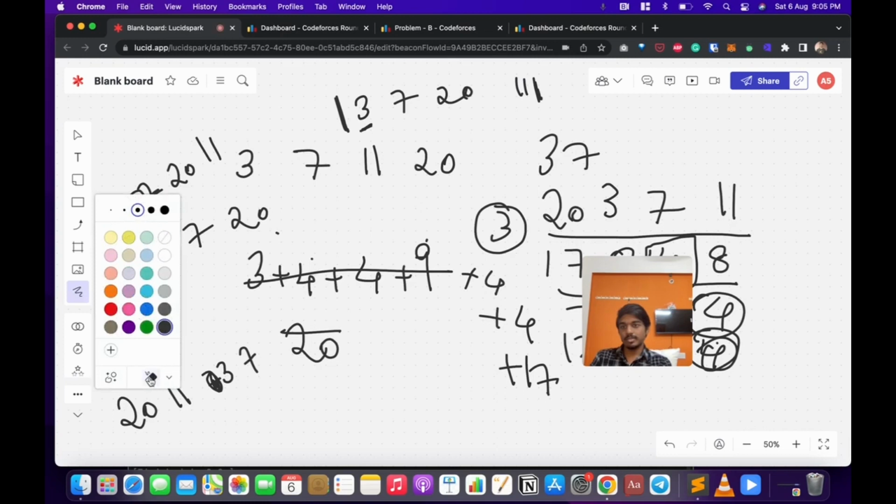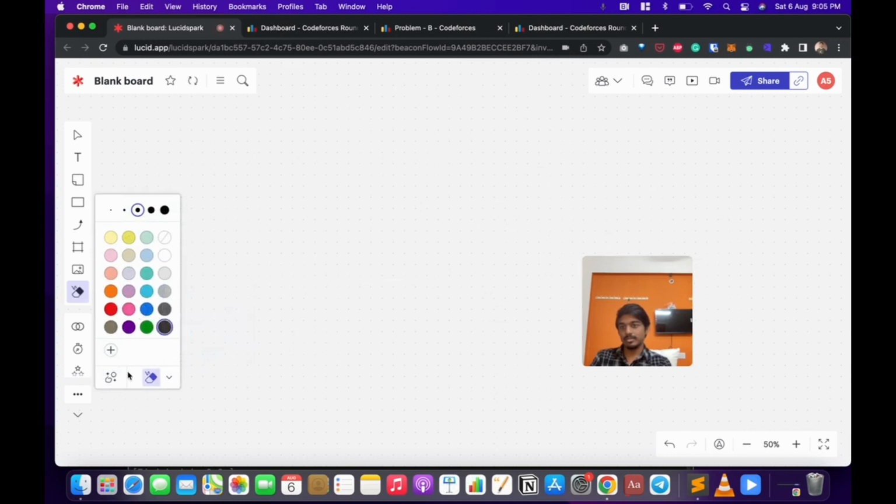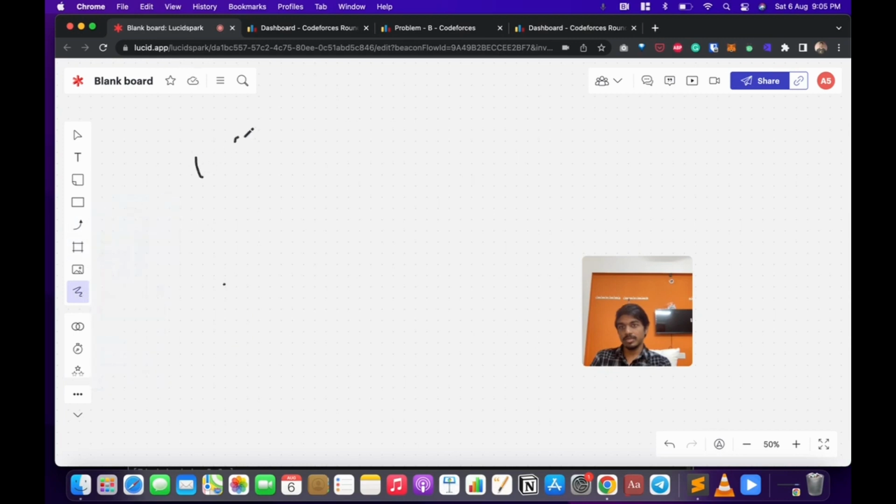So let me erase this. Let me take 1 2 3 and 2 1 3. How to reduce this two times? You have to reduce this one time.